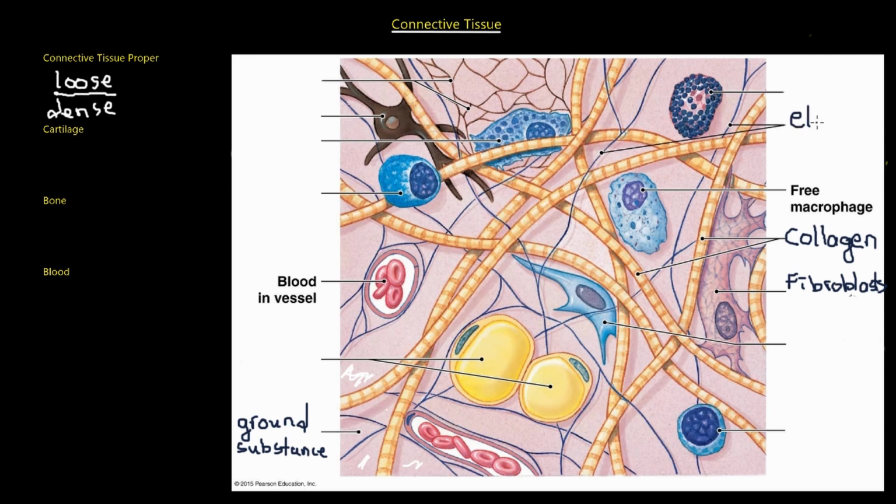These are elastic fibers. They're made of elastin proteins that allow for stretch and recoil. If you stretch your arm, for example, these elastic fibers are what allow you to stretch the arm, but they also recoil back once you put the arm back in its original unstretched position.